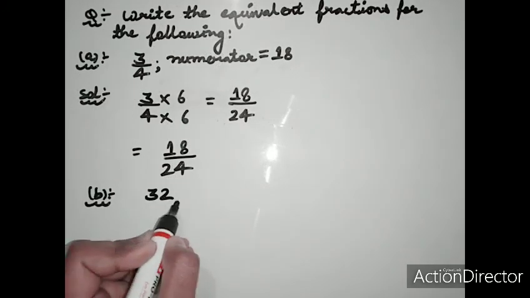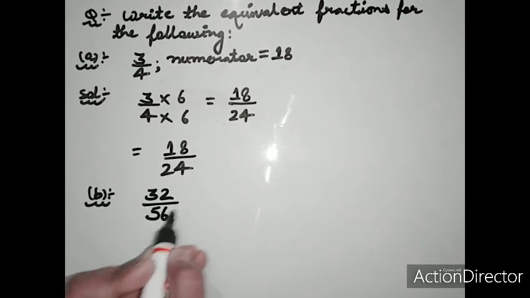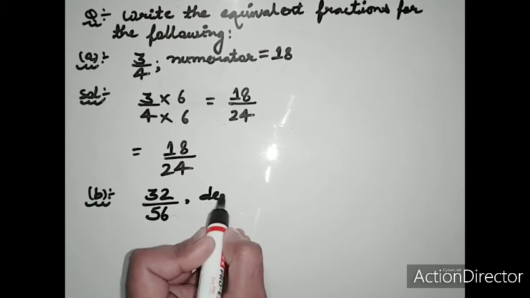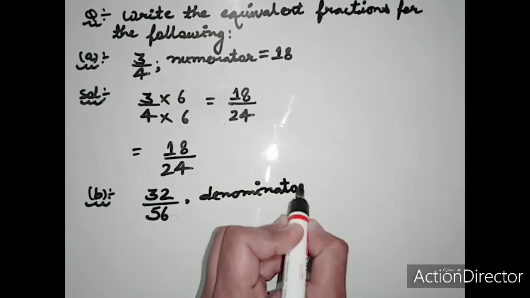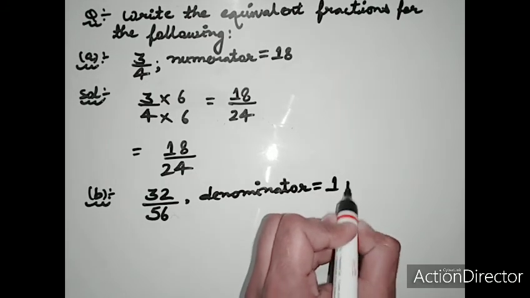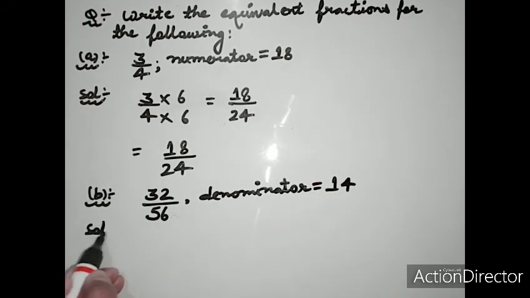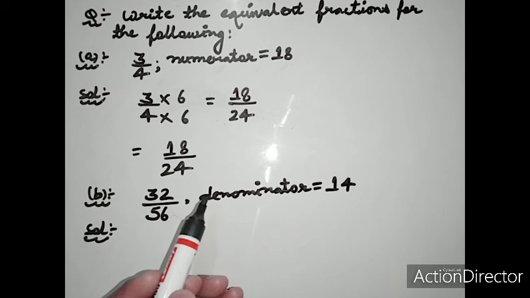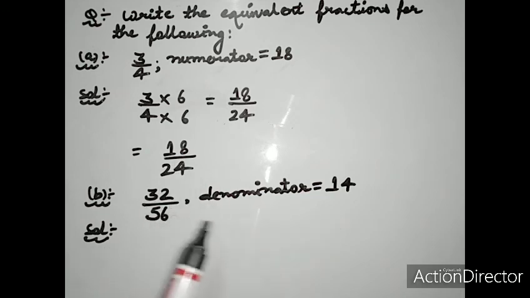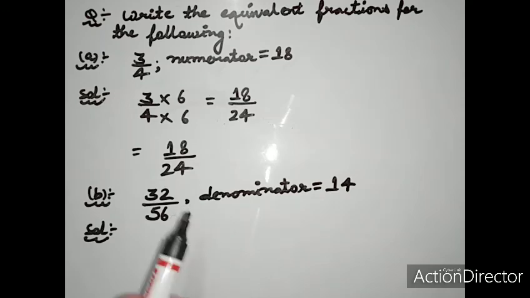Now 32 upon 56. Here denominator equal to 14. So dear students, it totally depends on the question. So sometimes you multiply some number with the numerator and denominator, and sometimes you divide them by a number.